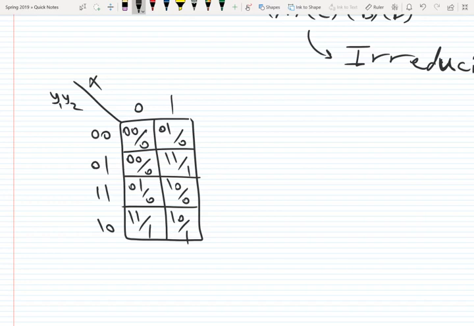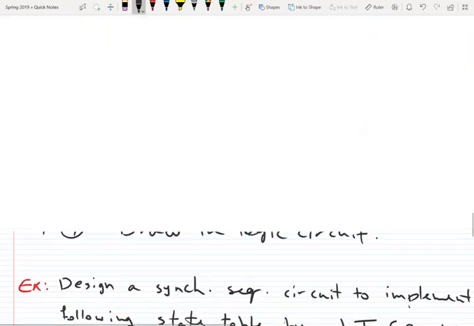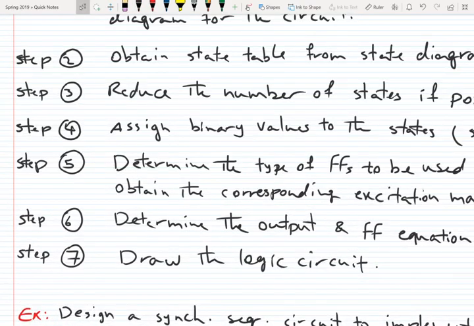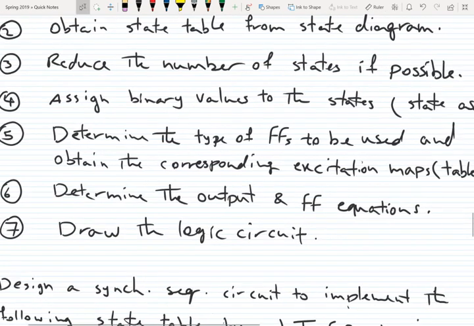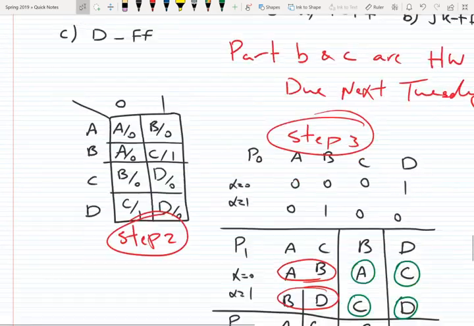In the next step, we need to have step 5. We need to have our excitation table, because we are implementing with, is it step 5? Let me look at the steps. Yes, step 5.